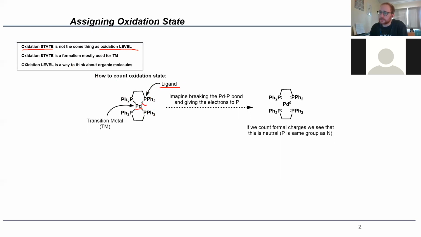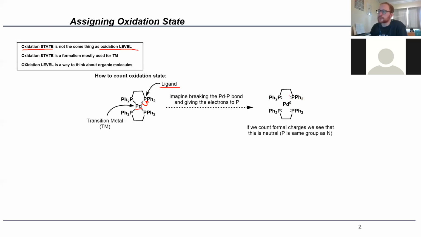Imagine the electrons from the ligand-palladium bond going back to the ligand, and now analyze the complex in this bond-broken form. In this case, for all of these phosphine ligands, we dissociate them back and they gain their lone pair back.